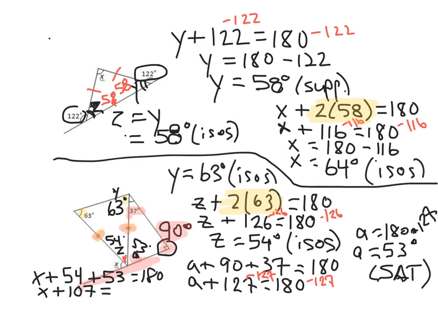So to simplify, x plus 107 equals 180. If I balance, I'm going to subtract 107 from both sides. So now I know that x, if I'm an inverse person, is 180 minus 107.